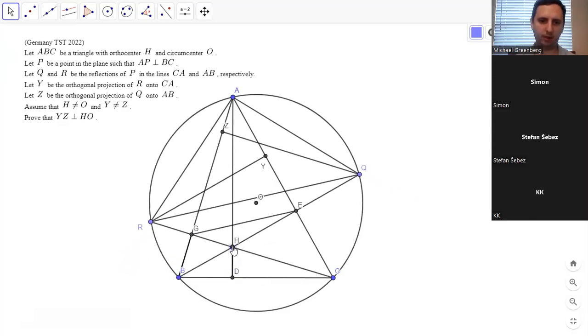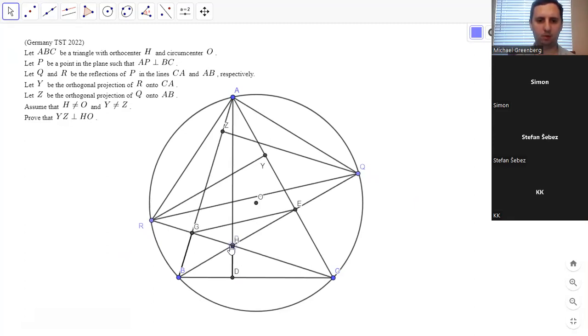Let me go back to letting P equal H. So ZH squared, that's what we want to find. That's GH squared plus CG squared.